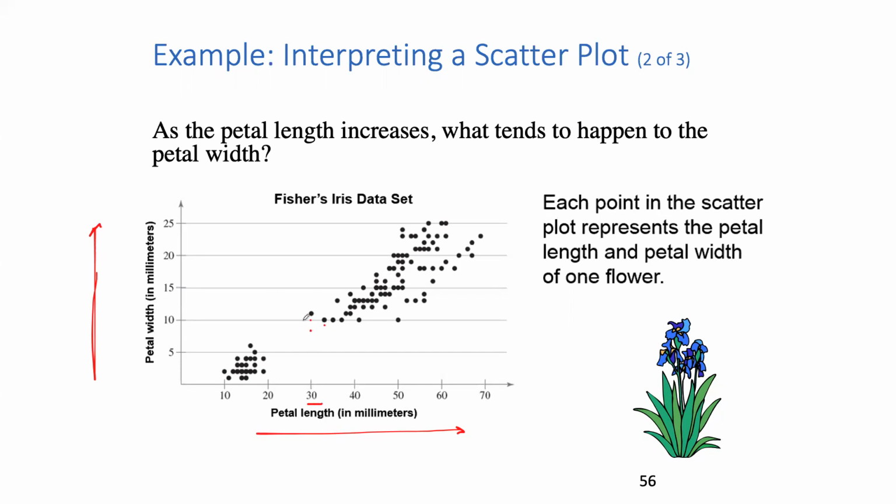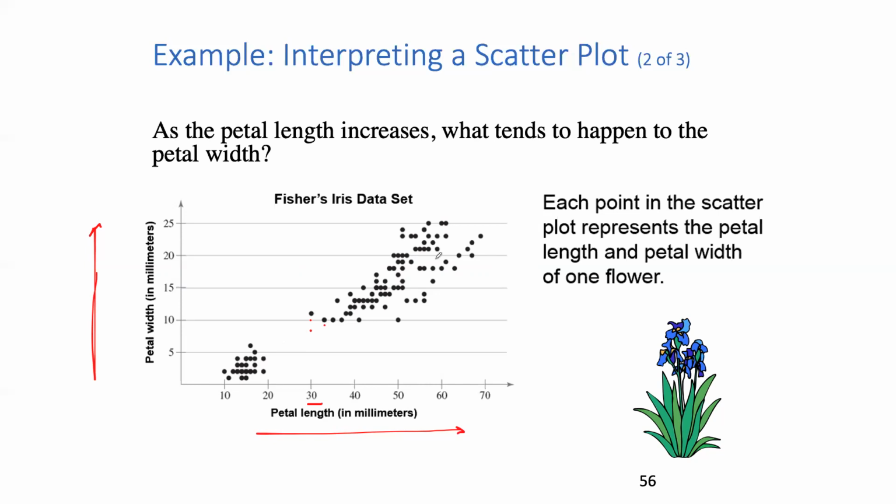So 30 millimeters in length and 12 millimeters in width. So each of these points represents one unit of observation, and each axis is essentially charting one characteristic of that observation. On the x-axis here, we are charting the petal length. On the y-axis, for the same unit of observation, the petal width.